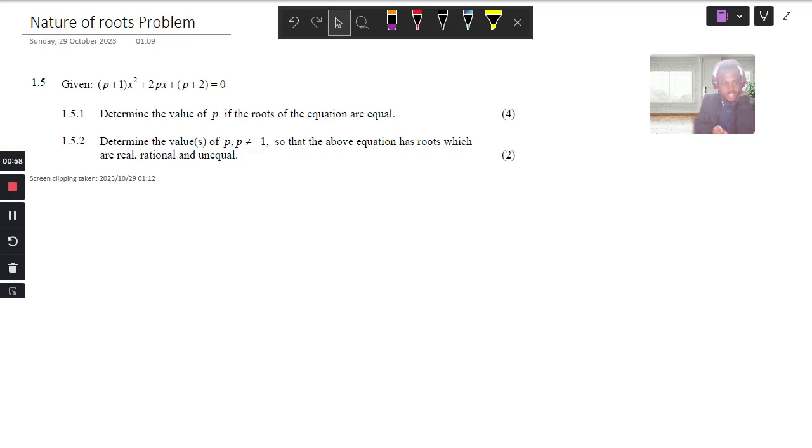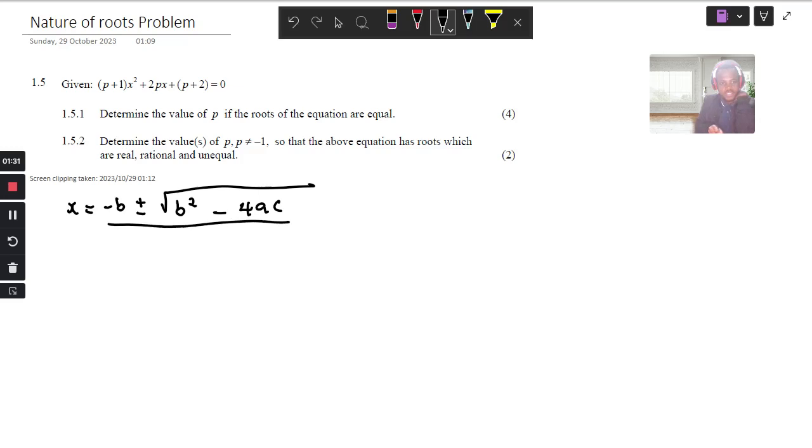We are talking of a determinant, which is derived from our quadratic formula, x = (−b ± √(b² − 4ac)) / 2a.